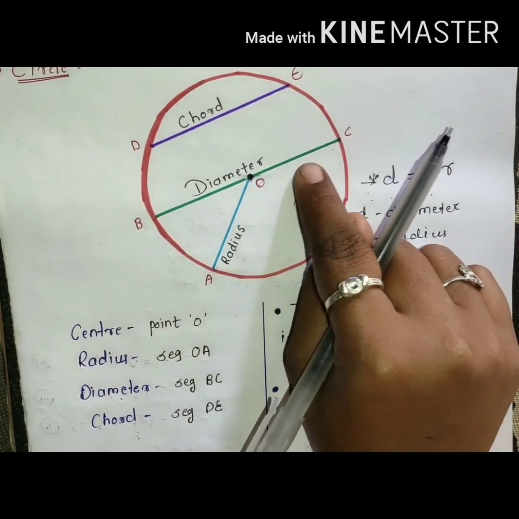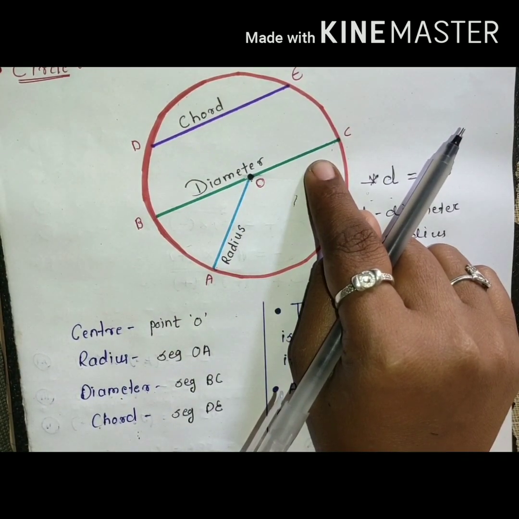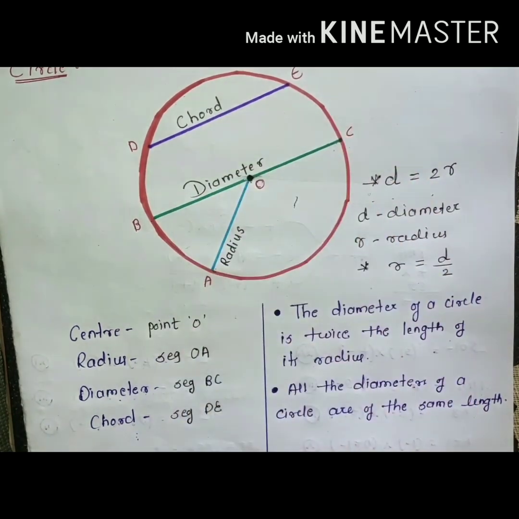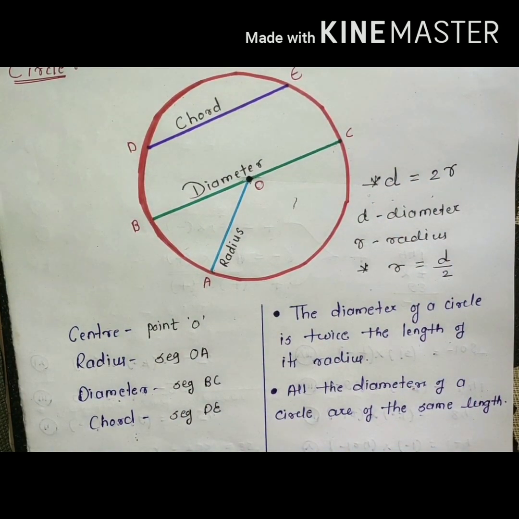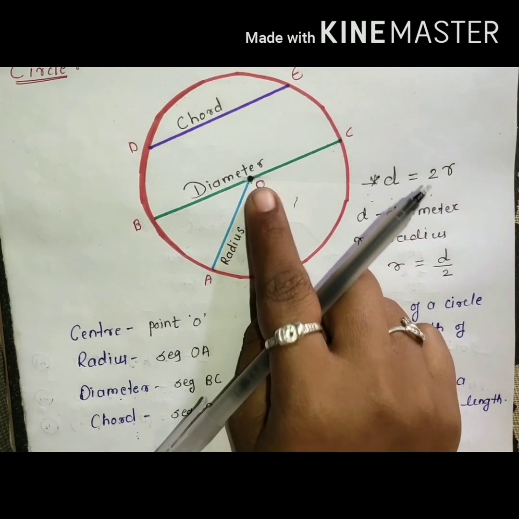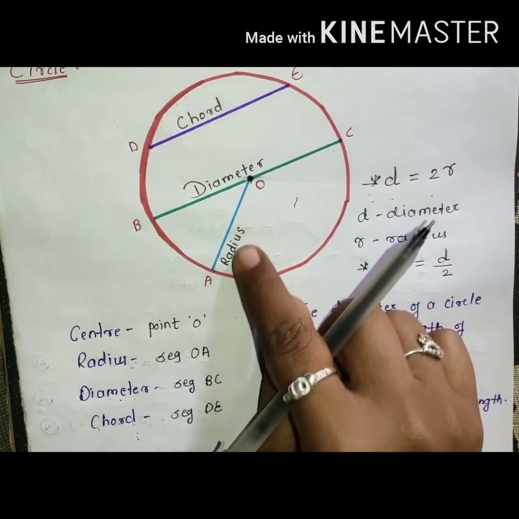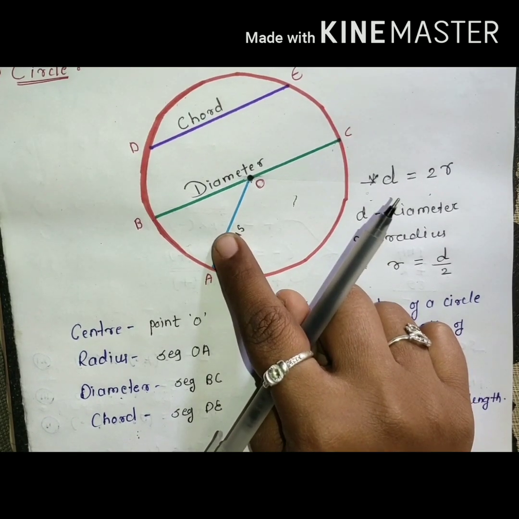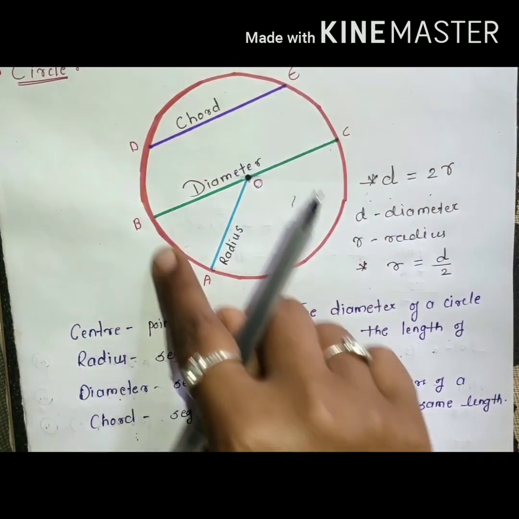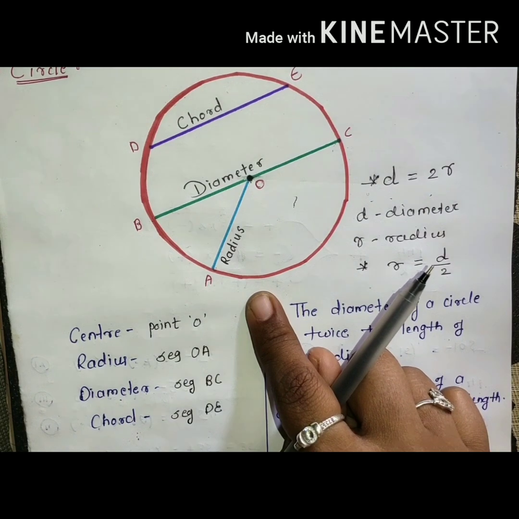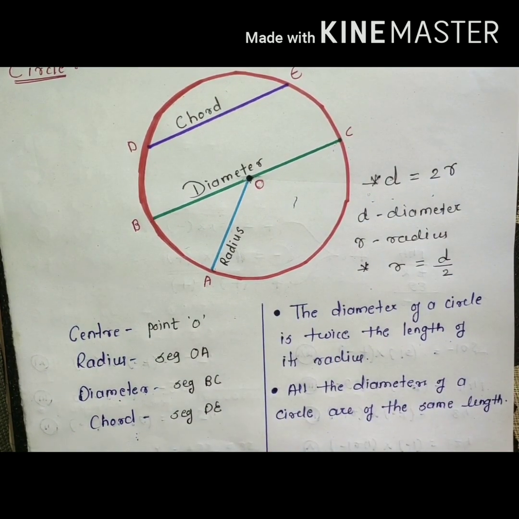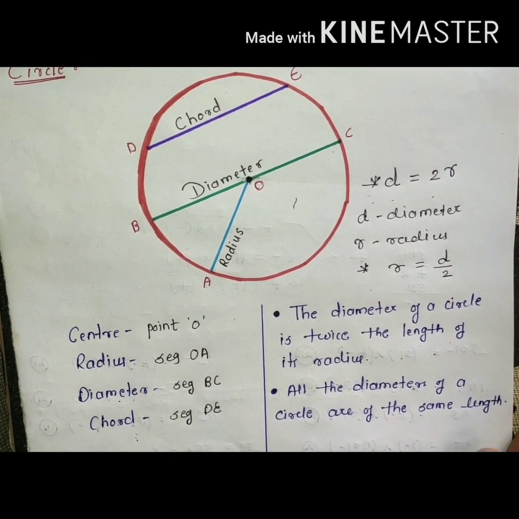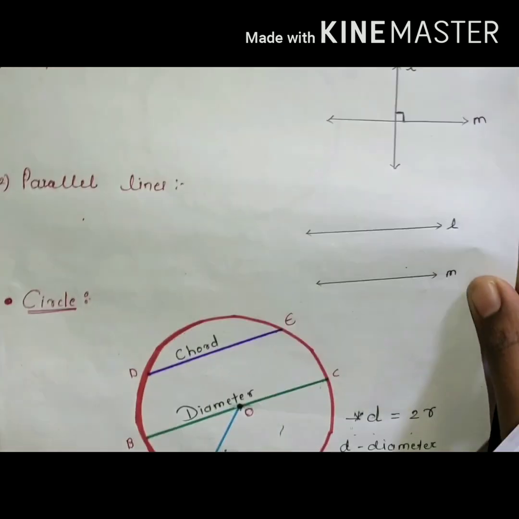If this diameter is 10 centimeters, then all the remaining diameters of the circle are also 10 centimeters. The same property applies to the radius also. If a radius is 5 centimeters, then all the radii are 5 centimeters.